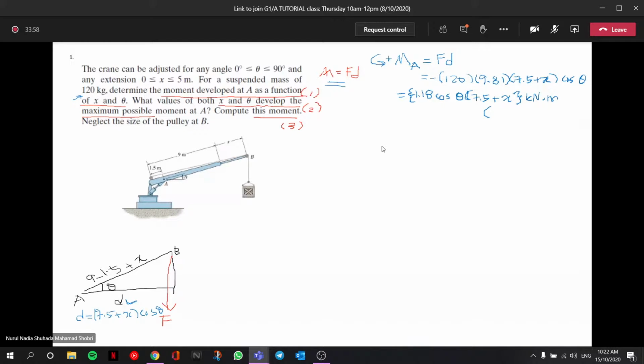Negative 1.18 cos theta times 7.5 plus x kilonewton meter. So this is actually in the direction of counterclockwise. In case of direction of clockwise, you may write it as positive 1.18 cos theta 7.5 plus x.